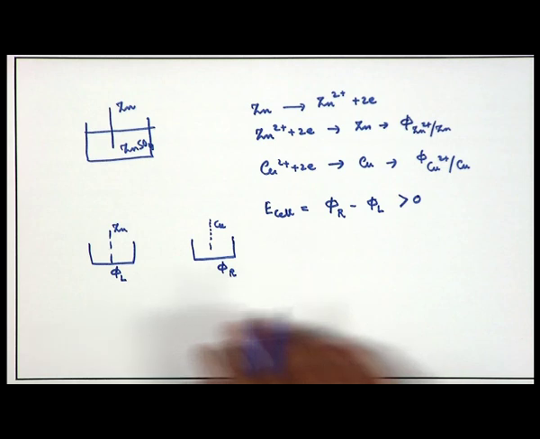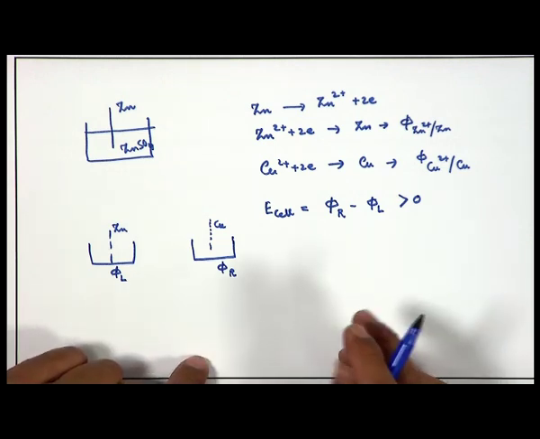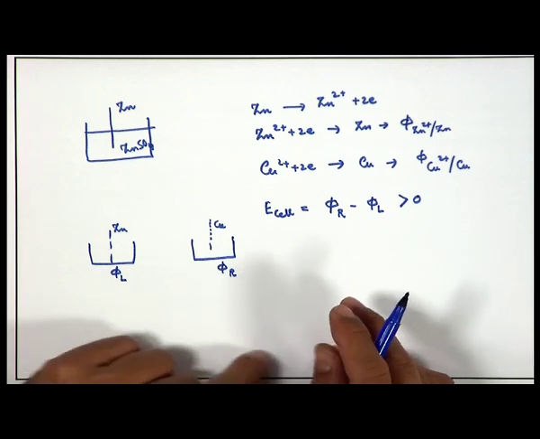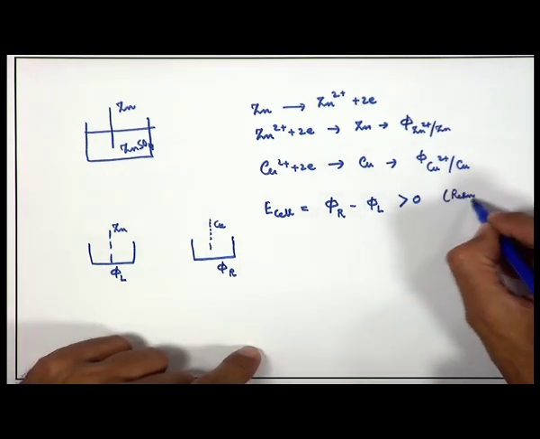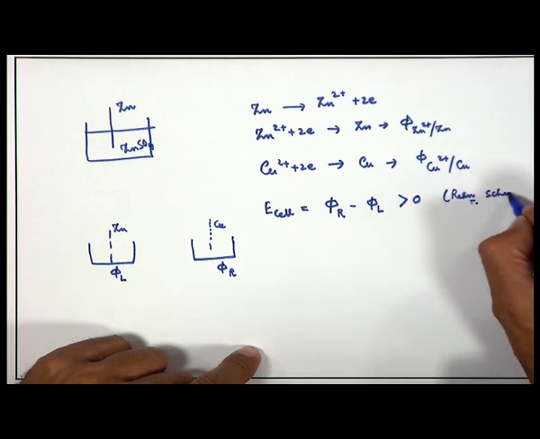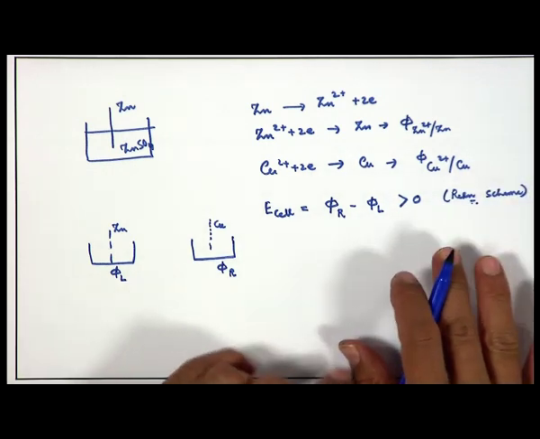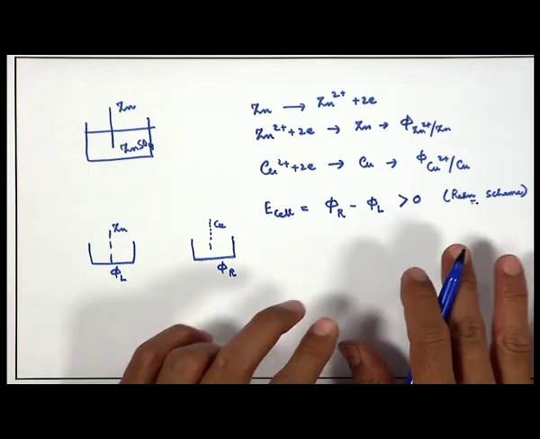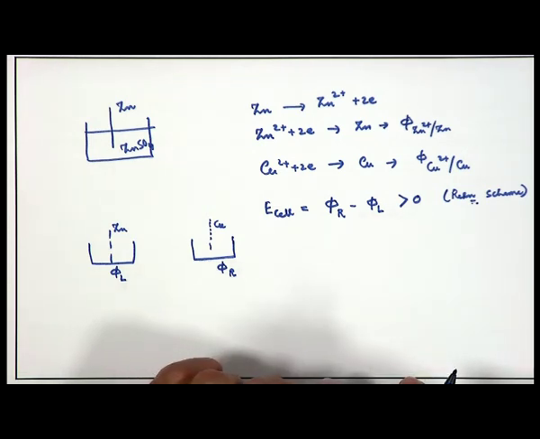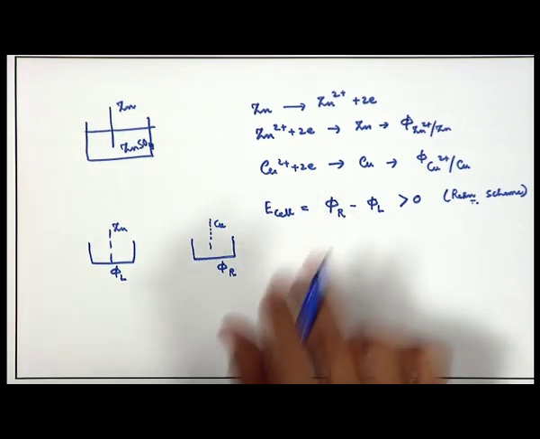Okay. So, what do we get out of it? So, therefore, it is in reduction scheme. Okay, reduction scheme means reduction potential scheme, that is using reduction potential convention as prescribed by IUPAC. So, E cell is equal to phi right minus phi left.